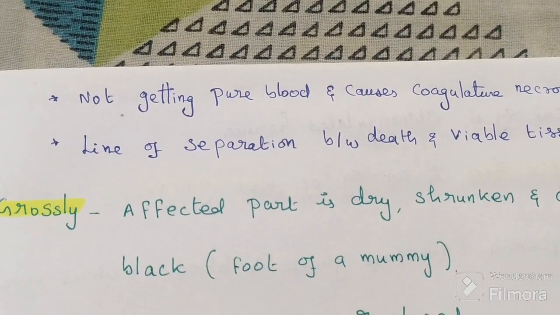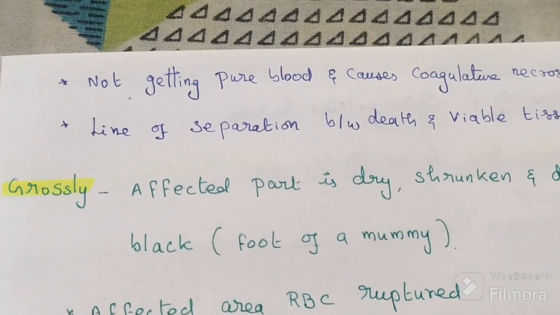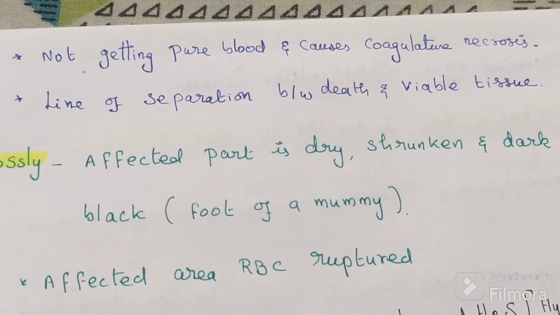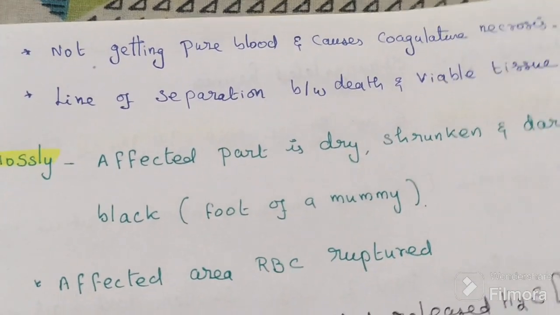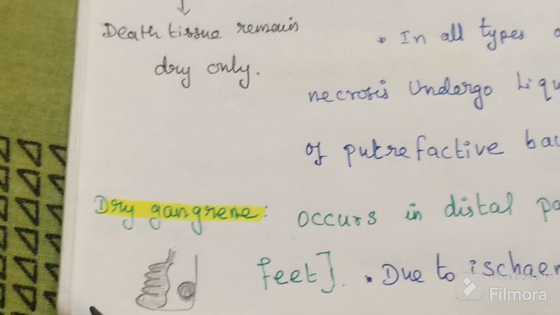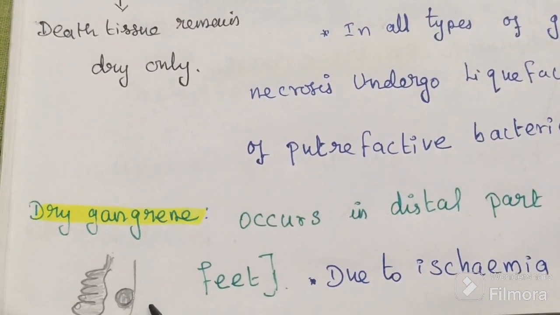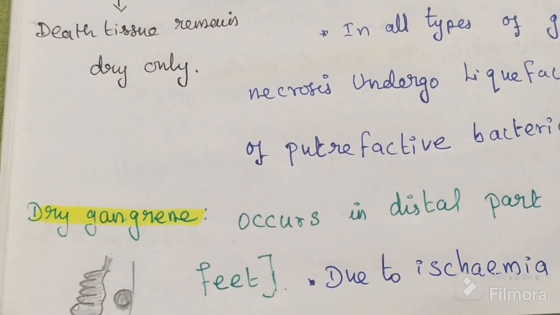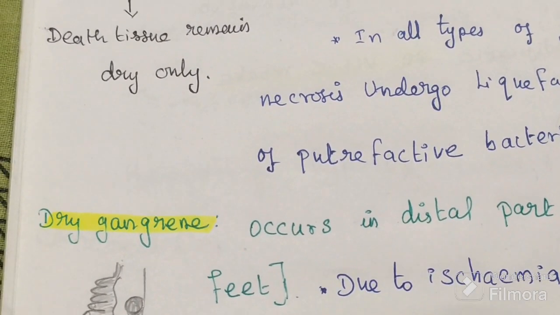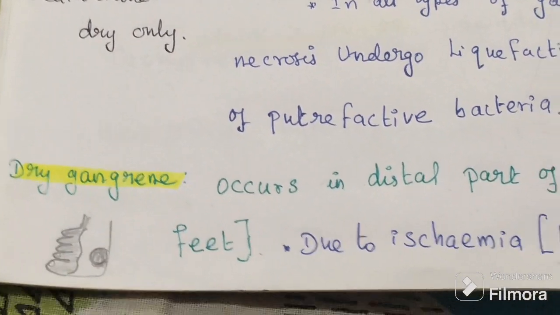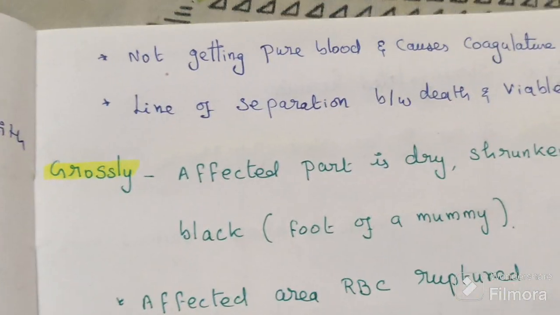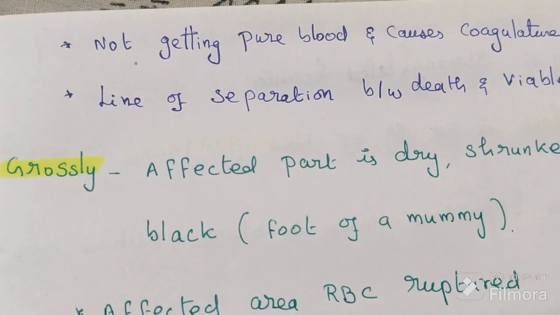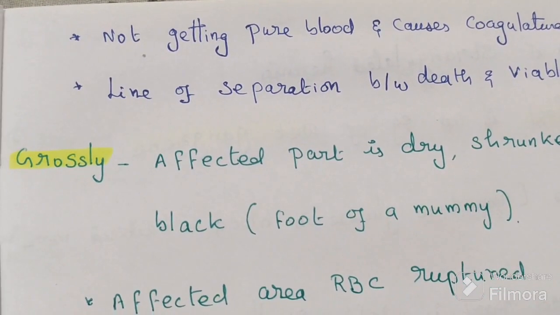Ischemia can affect any part except the brain. Here there is very slow development. The artery is blocked and the part is not getting pure blood. Necrosis happens, then putrefaction happens. Then there is a line of separation between dead tissue and viable tissue.